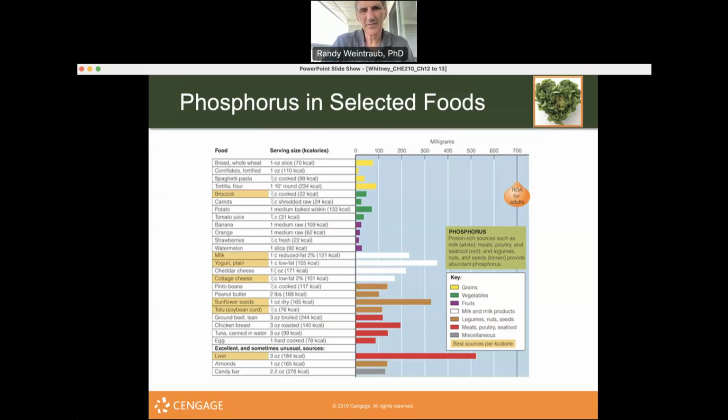Here you see some common sources of phosphorus. You can see dairy, meats of various types, and fruits and vegetables.